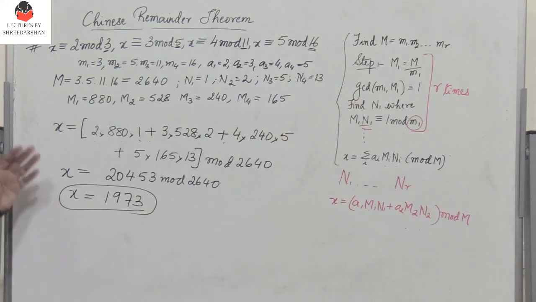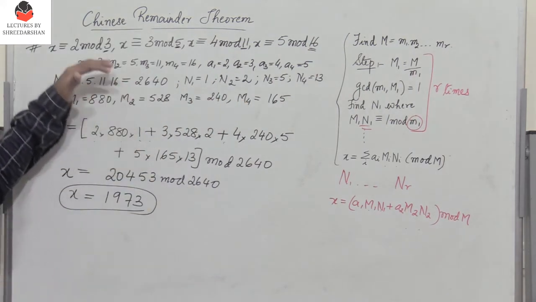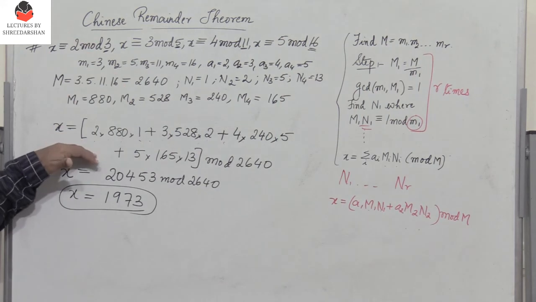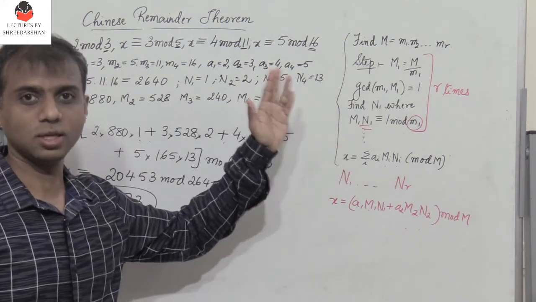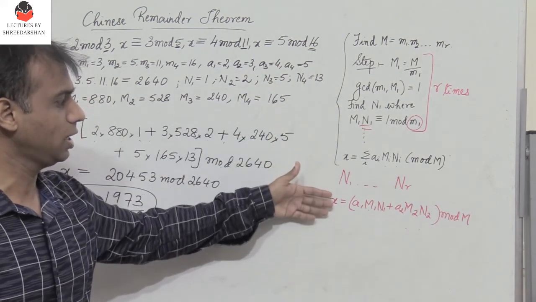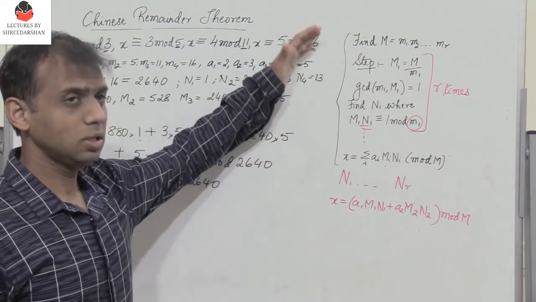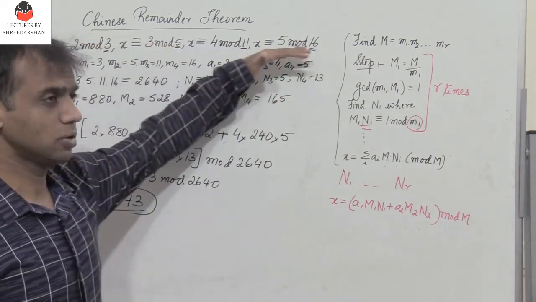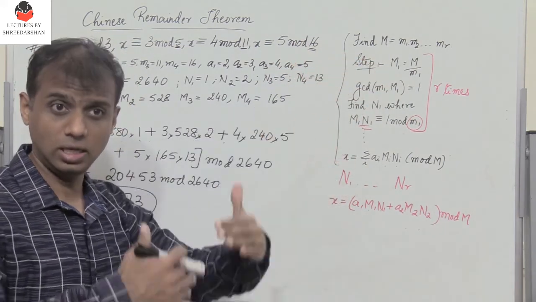So this is how we can find a single value x that will satisfy a given set of congruence relations. And how do you do that? You do that by using this method, which is nothing but the Chinese remainder theorem. You follow this procedure and finally find the value of x. Very simple. Depending on the number of congruence relations you have, this step is repeated that many times.